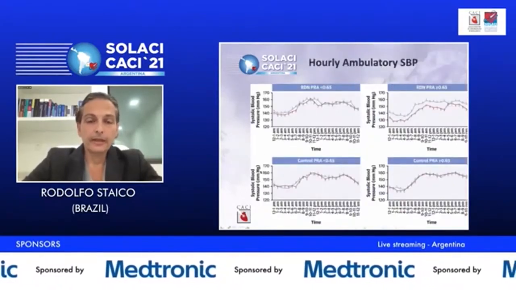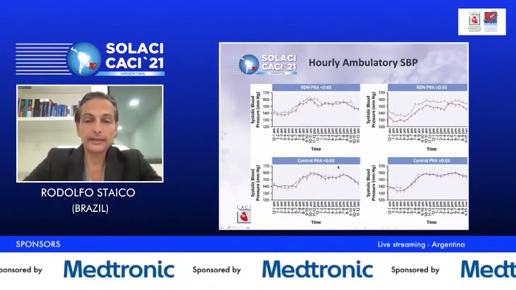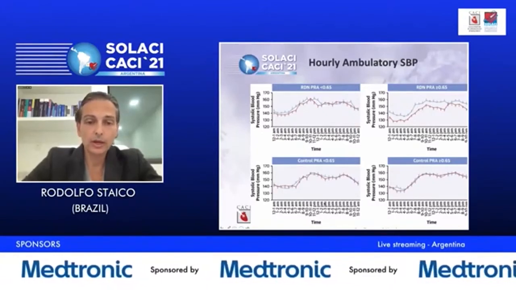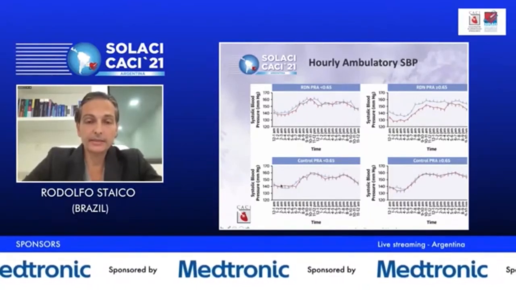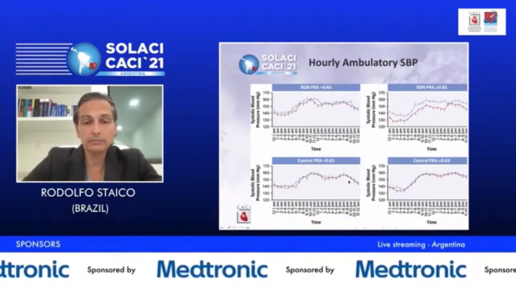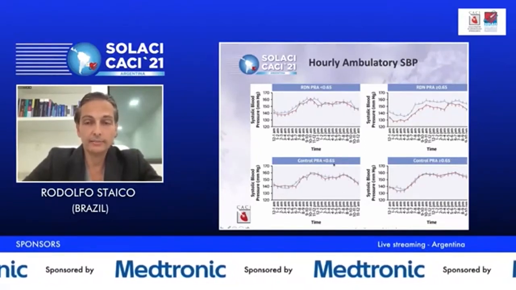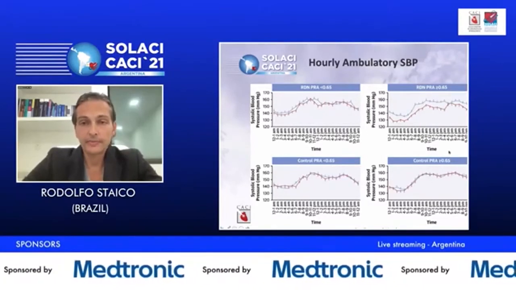Vejam aqui, na coluna de baixo são os controles. Independente se é controle, não fez procedimento de denervação. Então, em azul, a pressão basal, em vermelho, 3 meses de segmento, sem alteração, tanto para níveis de renina baixos quanto para níveis de renina mais elevados.